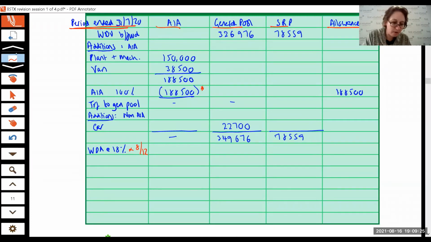So you time apportion that allowance. I am writing it here. 41961. So we knock that off the pool and we transfer it over to the allowances column.